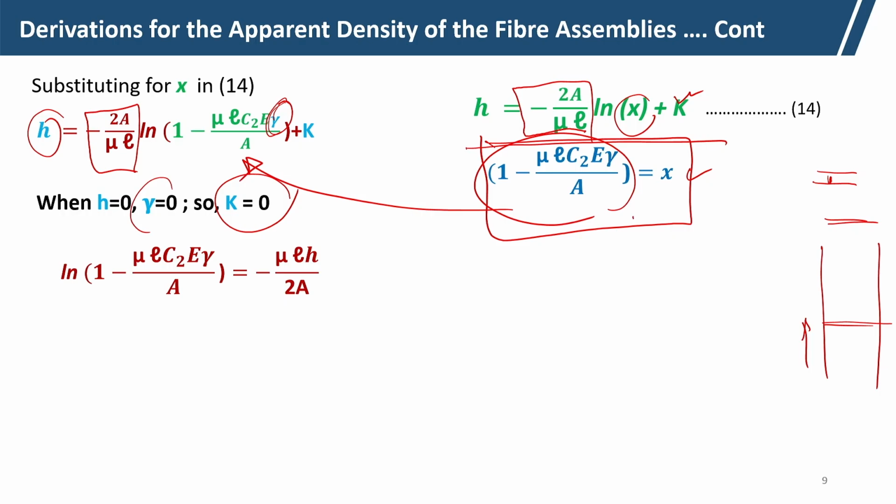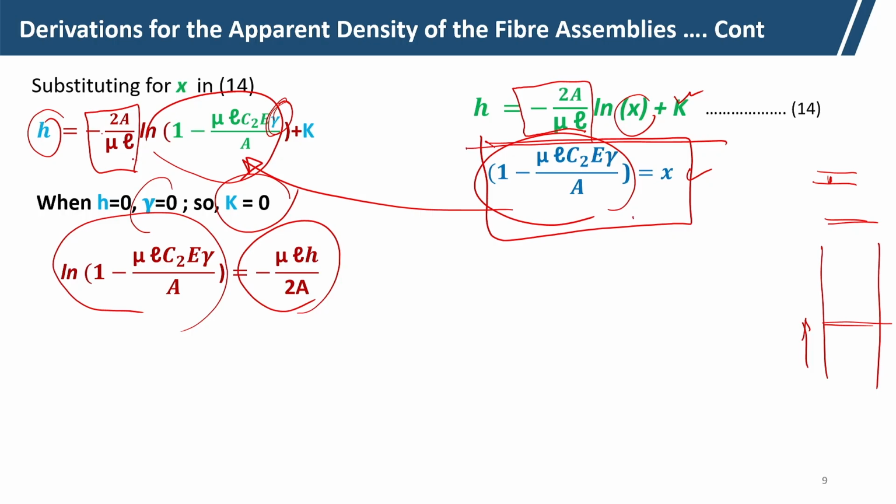So, the equation becomes natural log of 1 minus this part, it is a negative part, equal to minus this, because this will come to the other side, h.